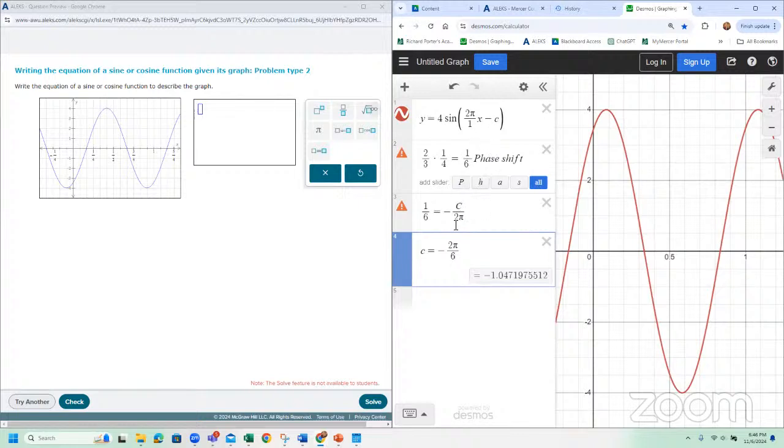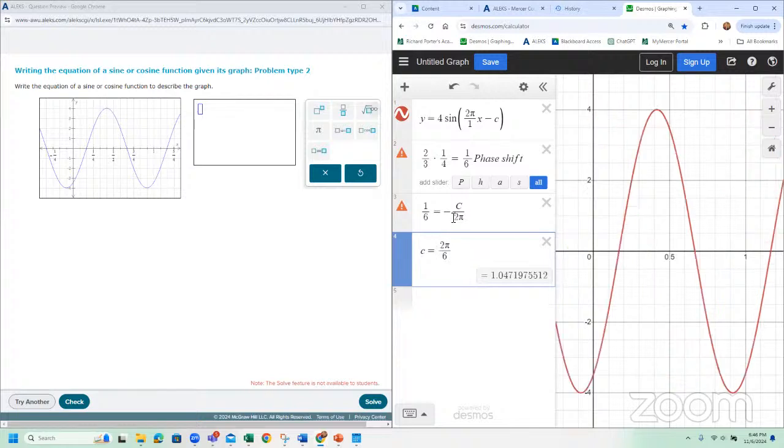Oh, because that's minus a negative, so it's actually plus, sorry. That's better. Okay, so right there is that 1/6 the same as that. So this graph looks like that graph.